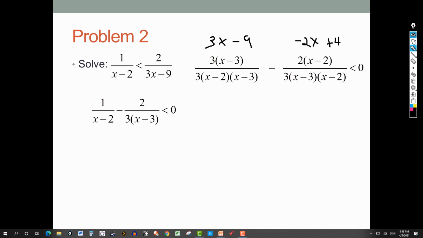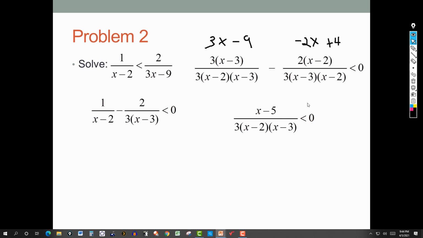Okay. So this is what it reduces to. Combining the numerators, I get x minus 5 over 3 times x minus 2, x minus 5. And you see, that's why you want to leave it in factored format, because we're looking for the number or numbers that make either the numerator 0 or the denominator 0.